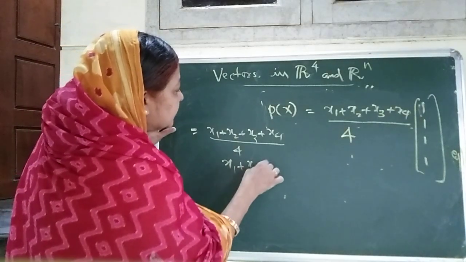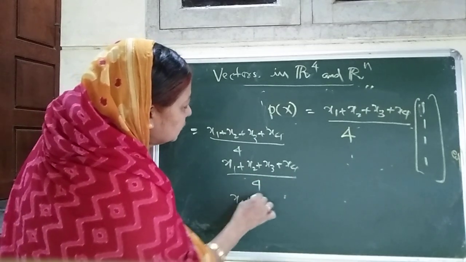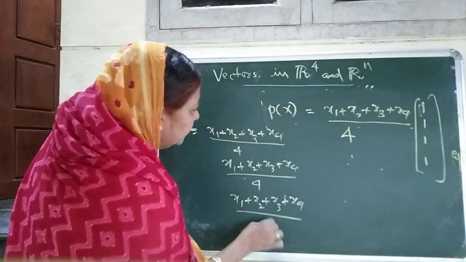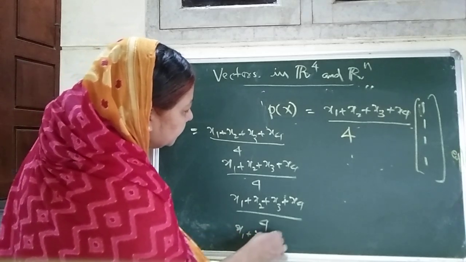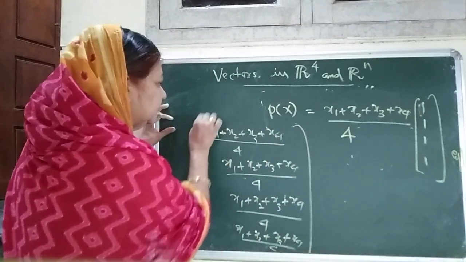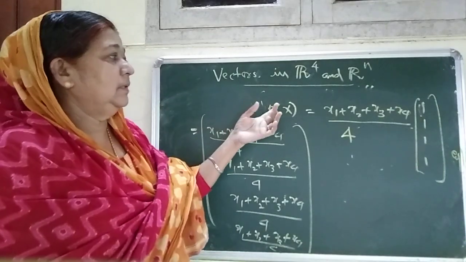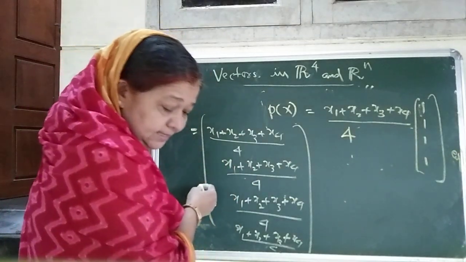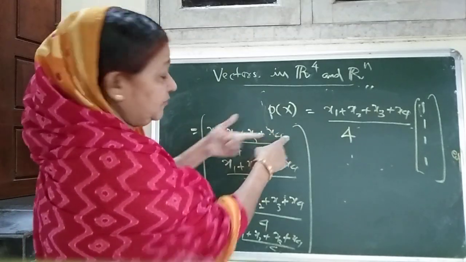Each is x1 plus x2 plus x3 plus x4 by 4, and the last one is also x1 plus x2 plus x3 plus x4 by 4. It is a vector. Similarly, we can find the projection and the reflection. The projection can be expressed as x1 by 4, x2 by 4, x3 by 4, x4 by 4, and so on.